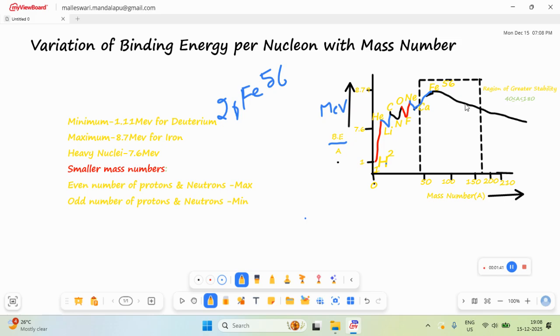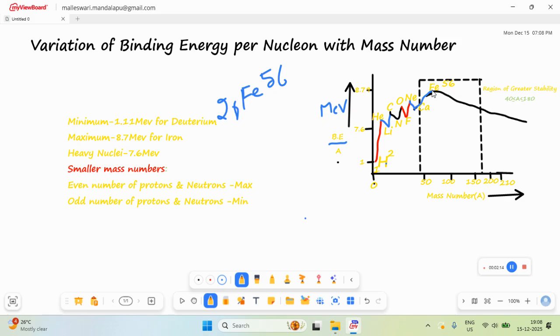It decreases gradually, and it is greater for the mass numbers 40 to 180. After that it decreases gradually. So for heavier nuclei like uranium, for stability, they split into other nuclei.